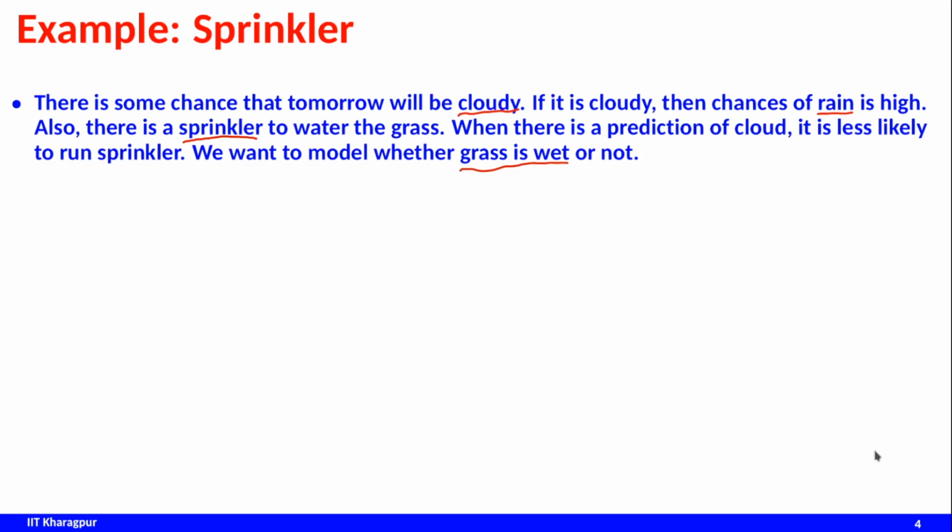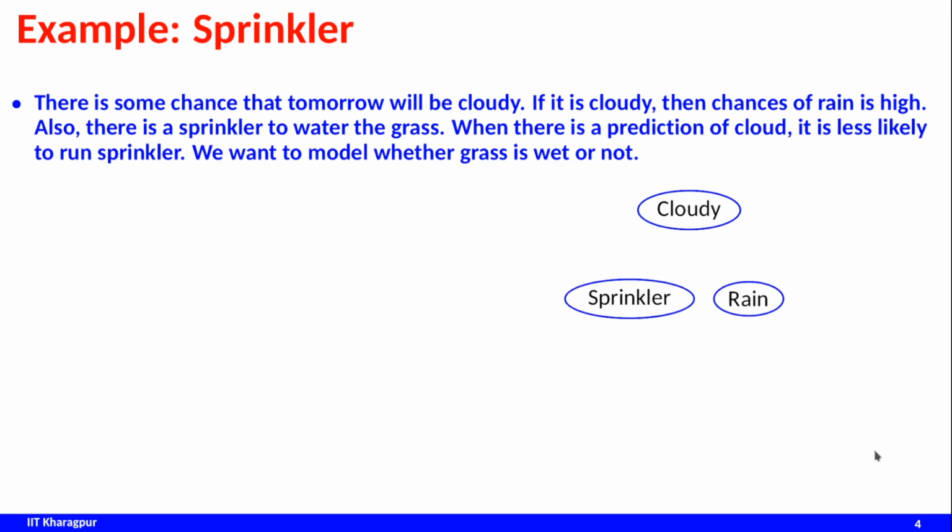So these four are the primary events that we need to model: cloudy, sprinkler, rain, and wet grass.